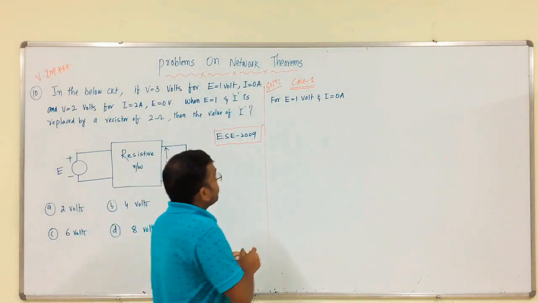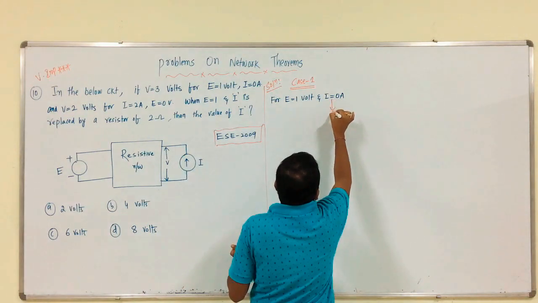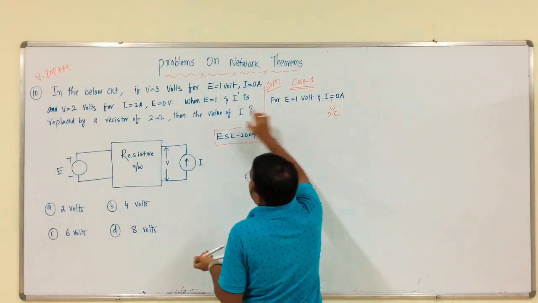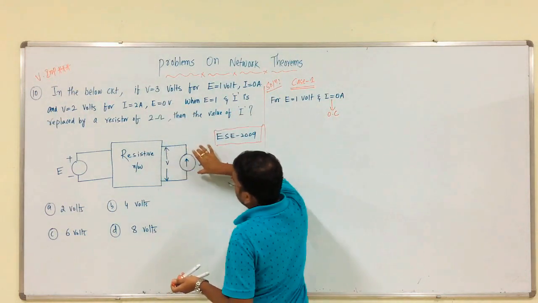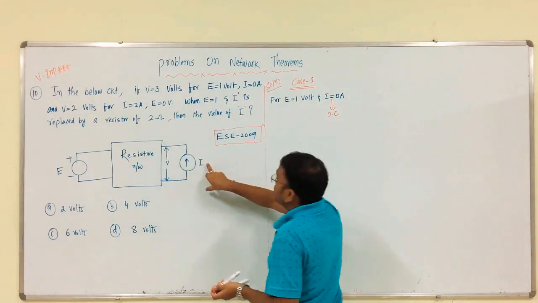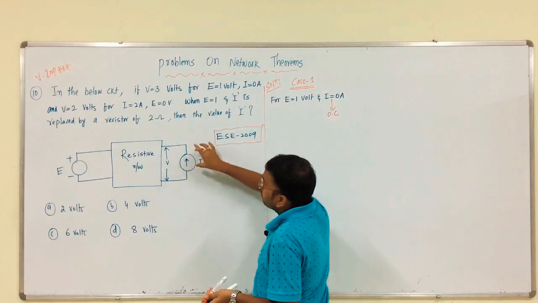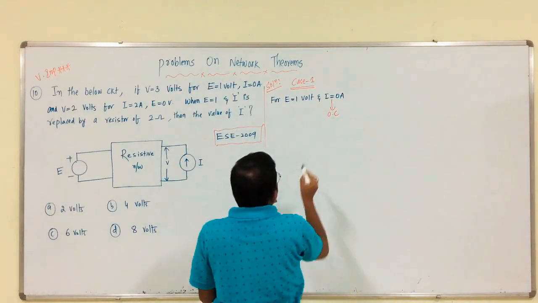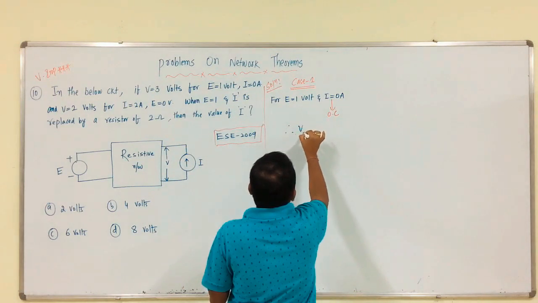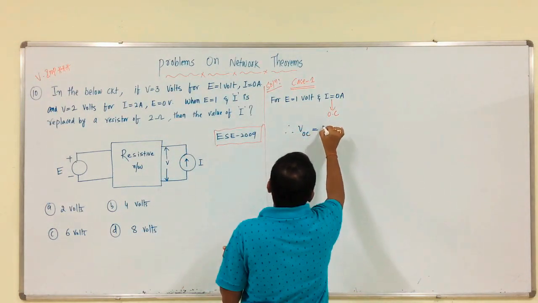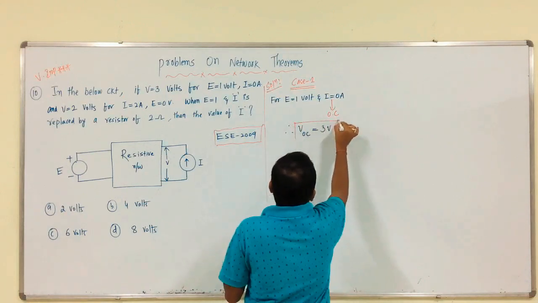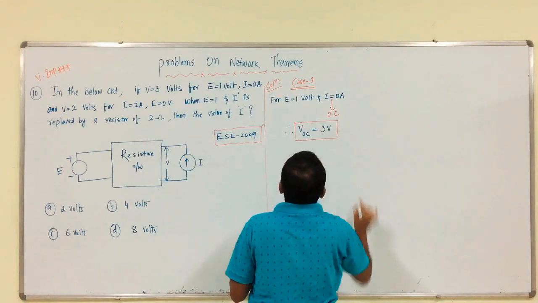I equal to 0 means what? Open circuited. Therefore, at this condition we have 3 volts across this current source. So, when I is equal to 0, this is open circuited, obviously this is the open circuit voltage, right? Therefore, VOC is nothing but 3 volts. That is the meaning behind this condition, right?